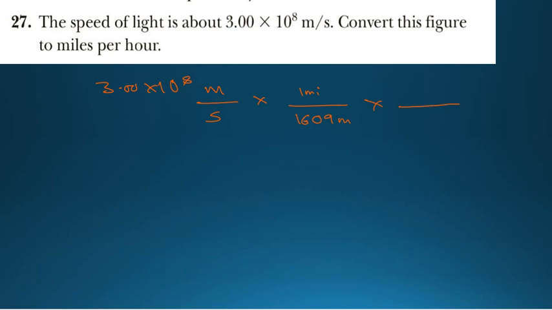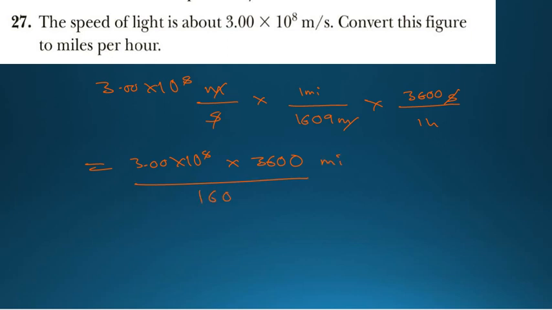What about 1 hour? 1 hour is made of 3600 seconds. So seconds and seconds are going to cancel, and the meters are going to cancel. So what we are going to remain with is 3.0 times 10 to the power 8, multiplied by 3600 miles over 1609 hours.